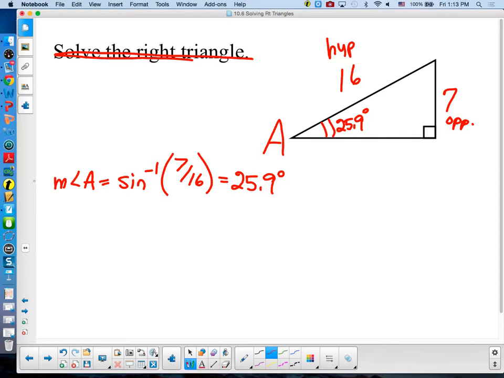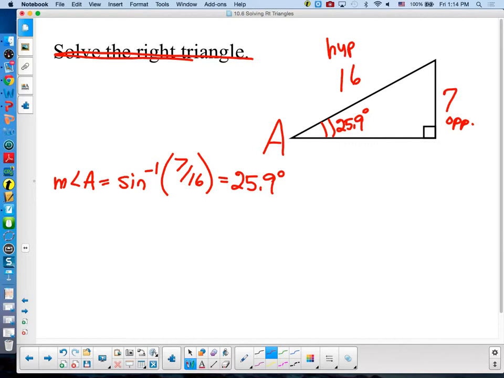Okay, if we use the 30, side X would be opposite. Side 4 that we know would be not adjacent, hypotenuse. It's not a leg. So which trig ratio with opposite and hypotenuse? Opposite and hypotenuse? So a sine.